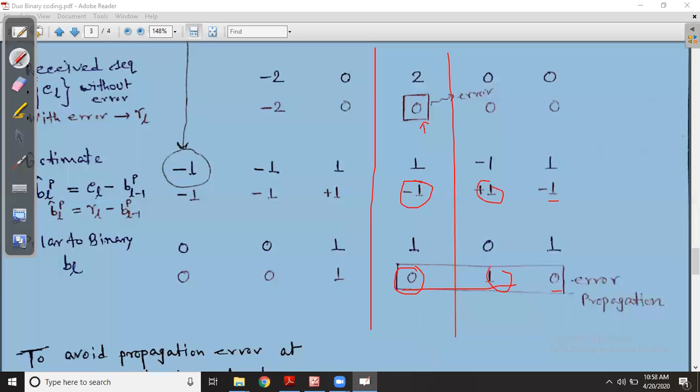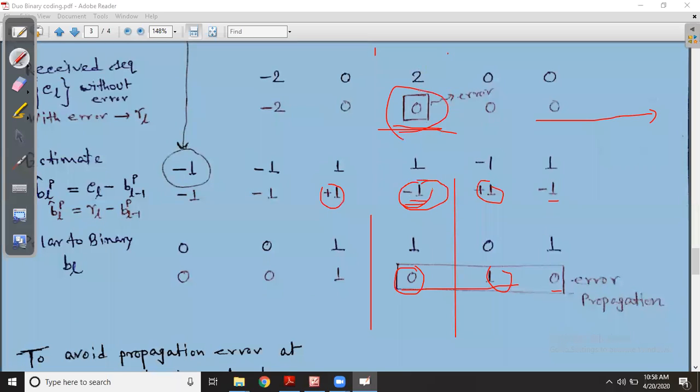So why only these three? Because here it is introducing error. For all the bits we will have some error, because how are we getting this 0? We are getting this 0 from this minus 1. And how are we getting this one? Subtracting this minus this, this 0 minus this, but this is in error, so there will be error.